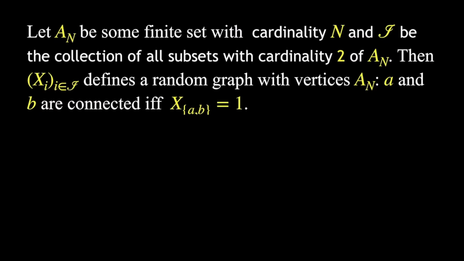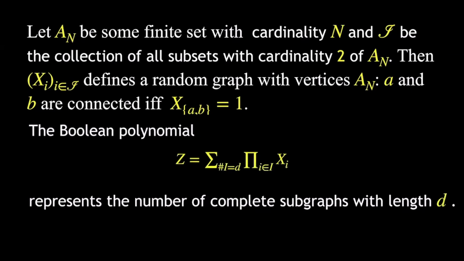And you do this for all pairs of vertices independently. So this gives you variables which are IID and with values in 0, 1. And you can ask yourself, what is the interpretation of a Boolean polynomial in this case? And in this case, it simply represents the number of complete subgraphs of this random graph with length D.